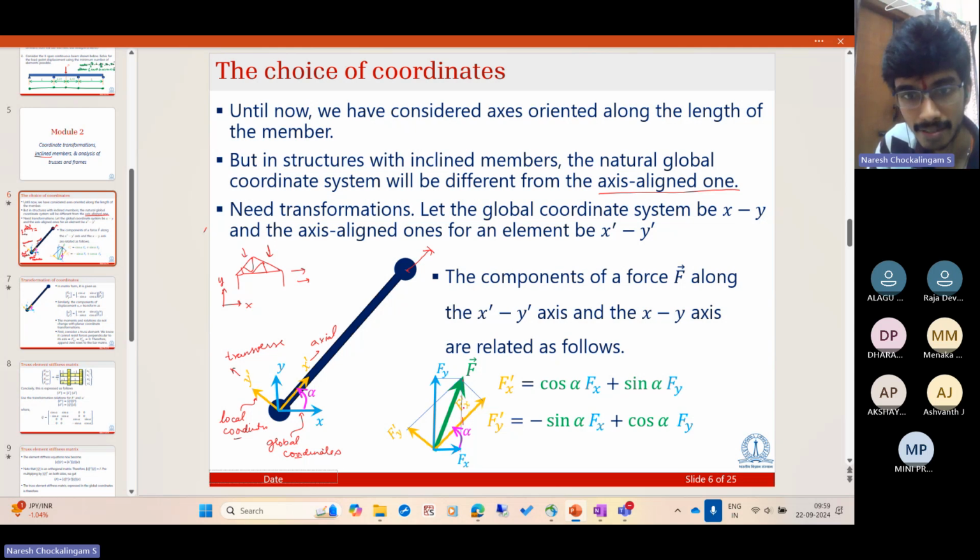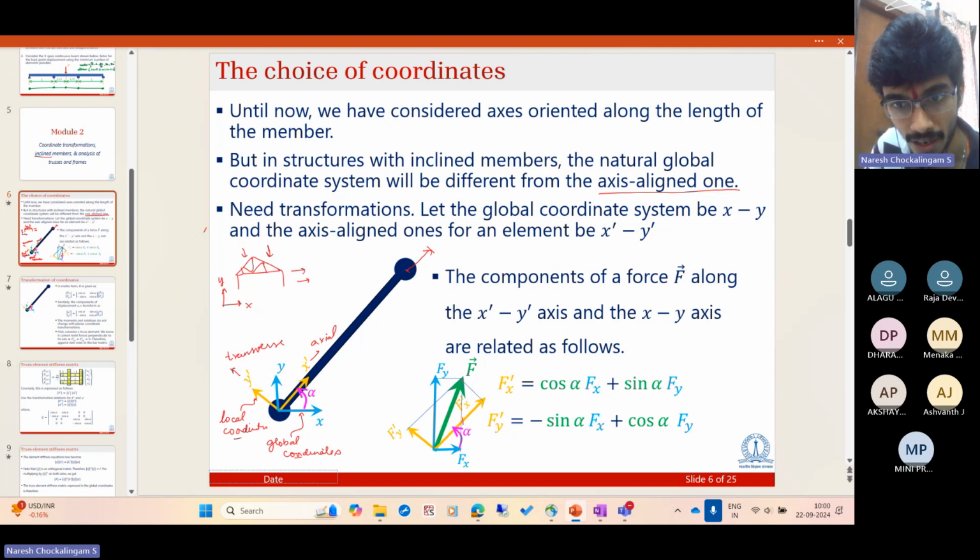So there is a relationship between fx dash and fx and fy. How do you find fx dash in terms of fx and fy? Resolve along this new coordinate system. The component of fx along fx dash is what?